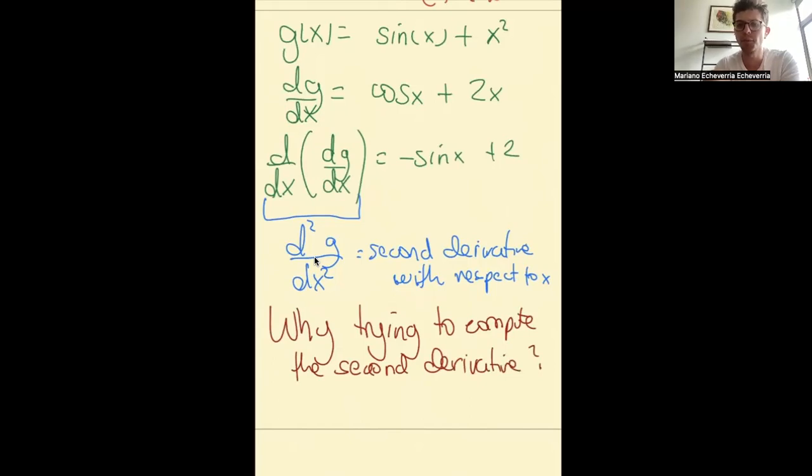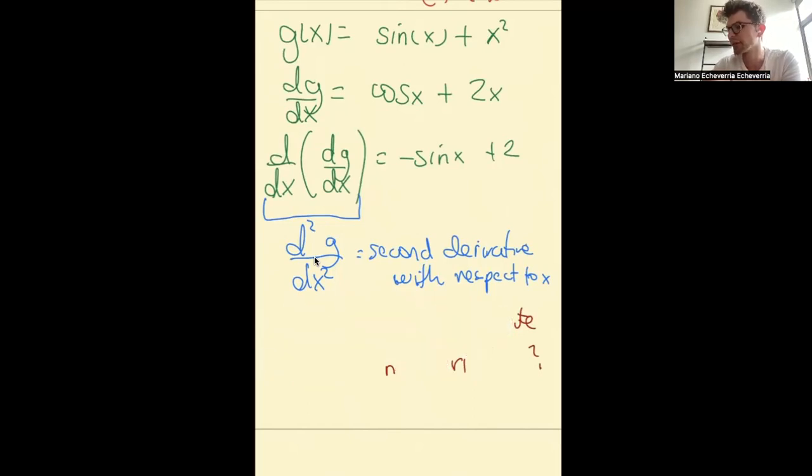What I'm trying to say is what's the point? What information does that give you? Or why is the second derivative important? Let me write it that way.